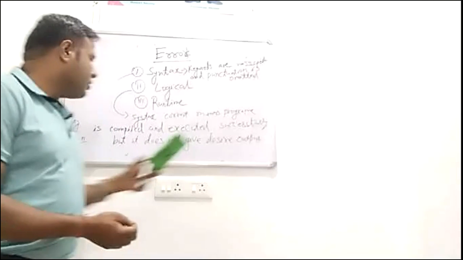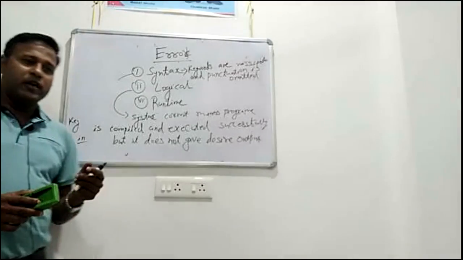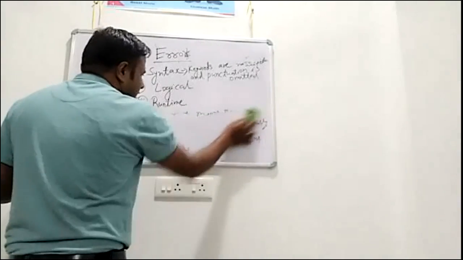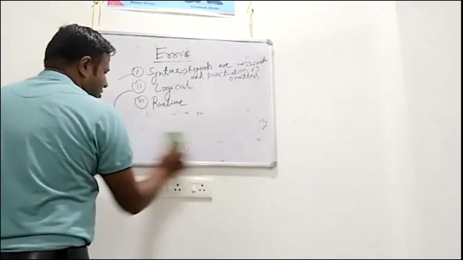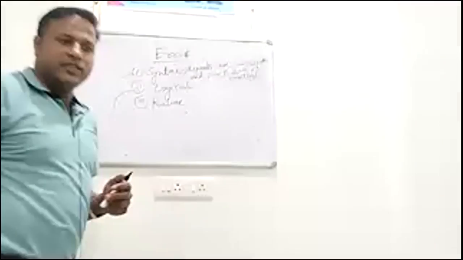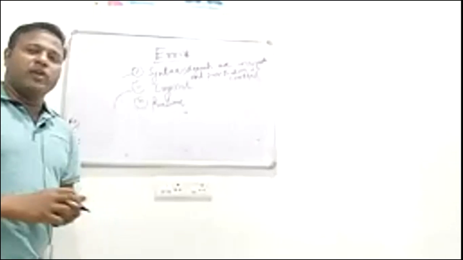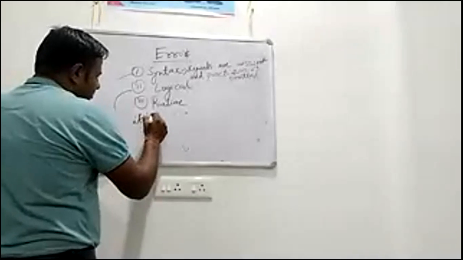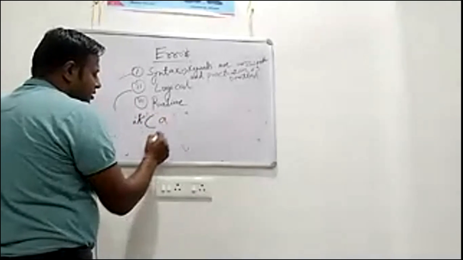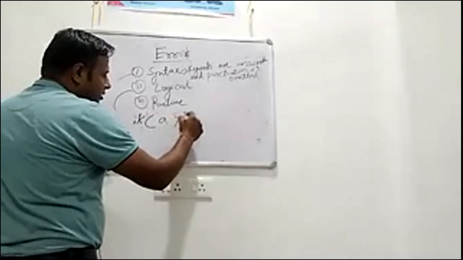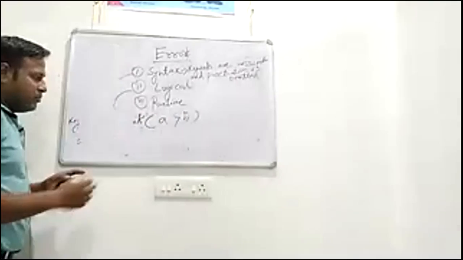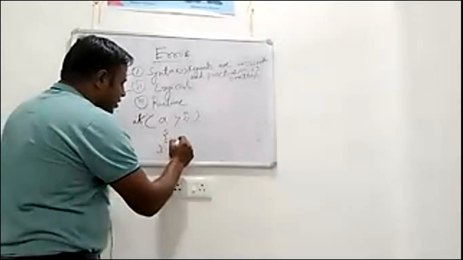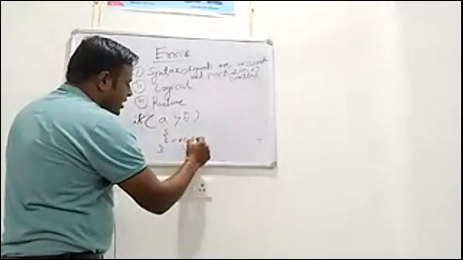So I will show an example of this logical error. What is actually a logical error? Suppose you are writing a program to find out which number is greater. So I am writing here an if condition: if A greater than B, System.out.println first number is greater.